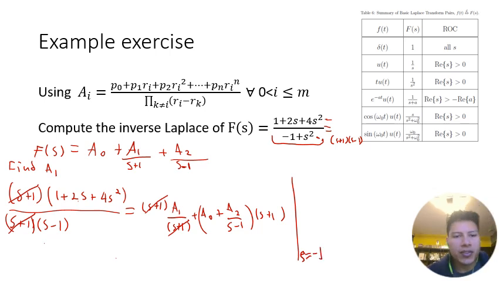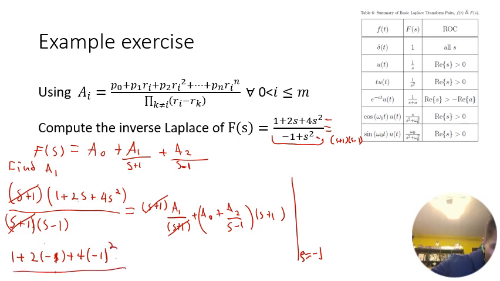Now we're going to plug in -1, the value of the root, into this expression. So we're going to have 1 plus 2 times -1 plus 4 times -1 squared over -1 minus 1. That gives us 1 minus 2 is -1, plus 4 gives us 3, divided by -2.